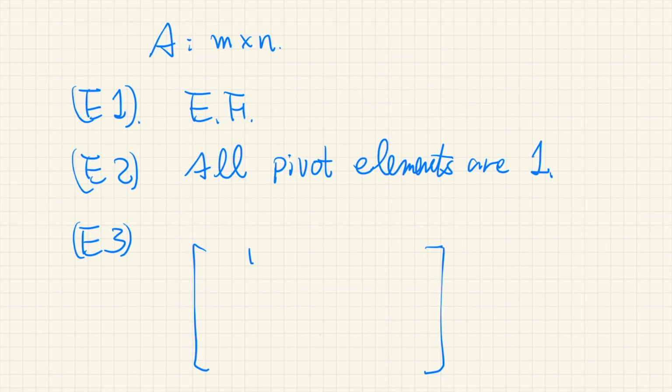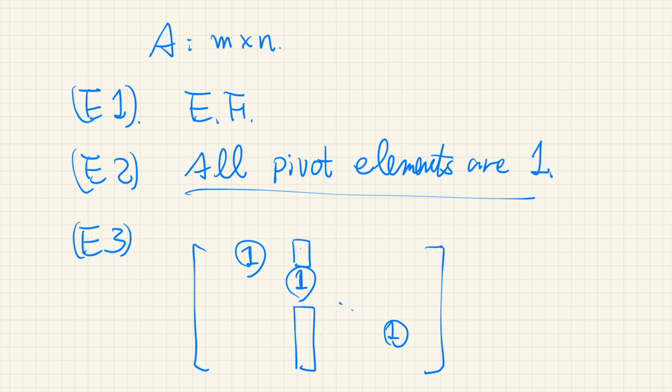So we have an echelon form matrix. The pivot points are all ones due to this second condition. And the third condition is that all the elements above or below each pivot are zeros. Of course, there are no elements above the first pivot here, so it doesn't matter, but the ones below are all zero, of course.